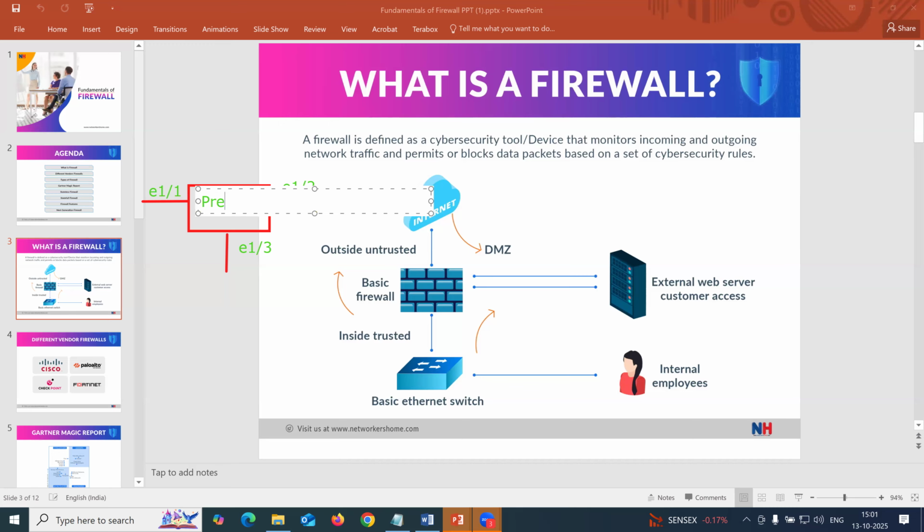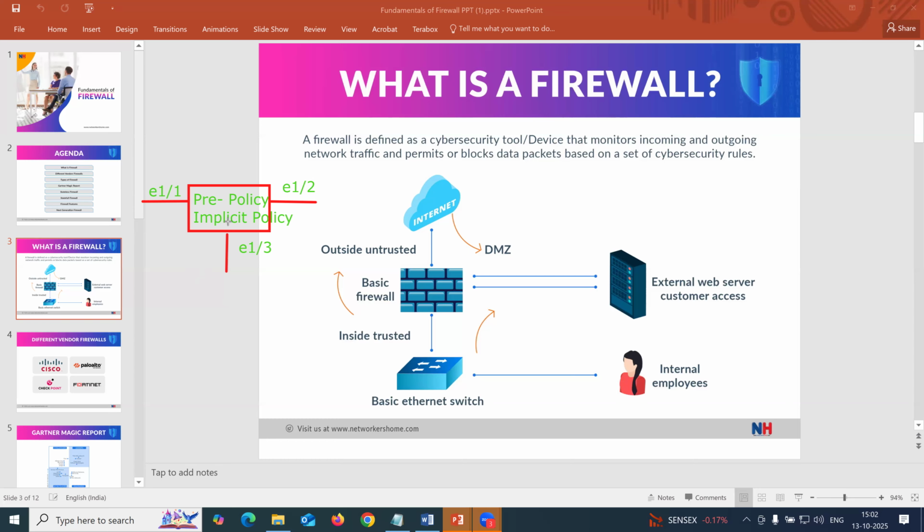It has a pre-policy. That pre-policy is created by the firewall itself, system defined. We call it an implicit policy. These policies are not human created, these are system created. So his question is, if this firewall does not have any zone defined, then why do we have this policy? Am I correct? Okay.